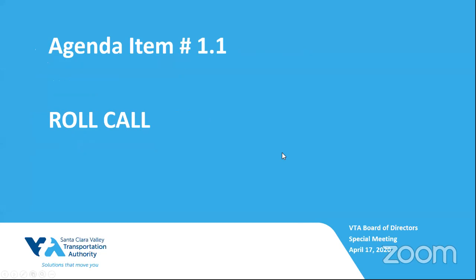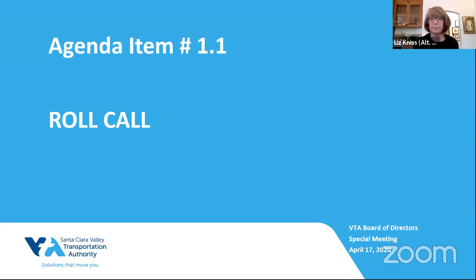Alternate board member Blankley, ex officio board member Bruins. Here. Board member Carr, board member Carrasco, board member Cortese. Here. Alternate board member Davis. Here. Board member Dieppe. Present. Alternate board member Ellenberg. Board member Jones. Here. Alternate board member Nis. Here. Board member Liccardo.